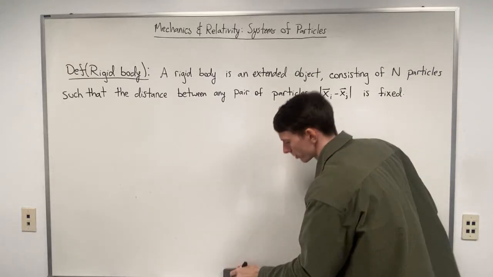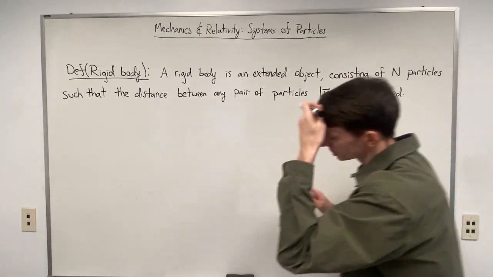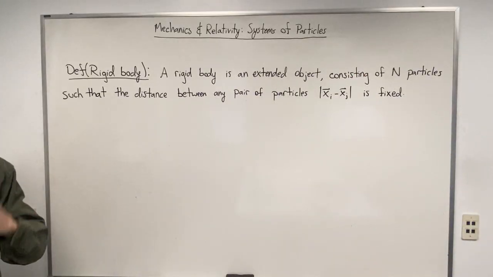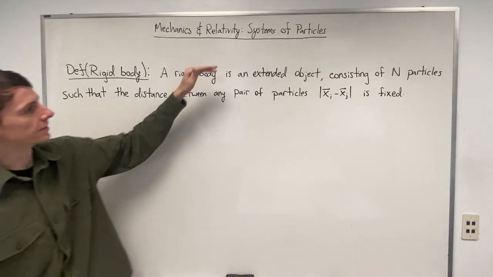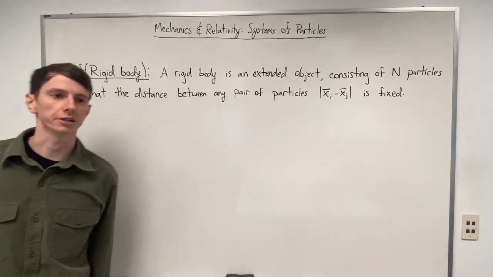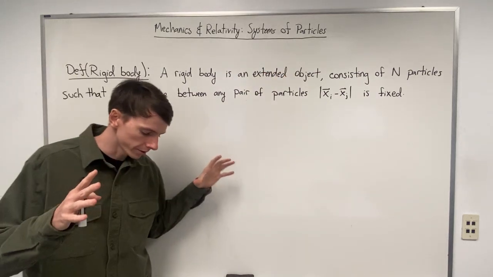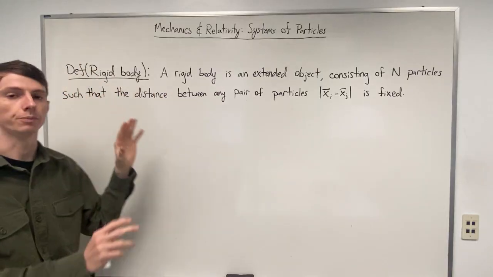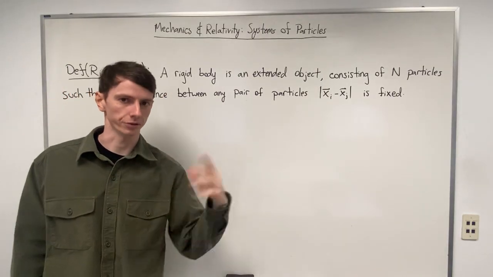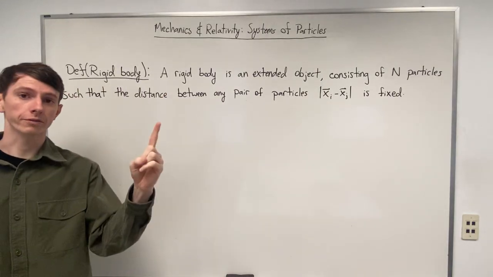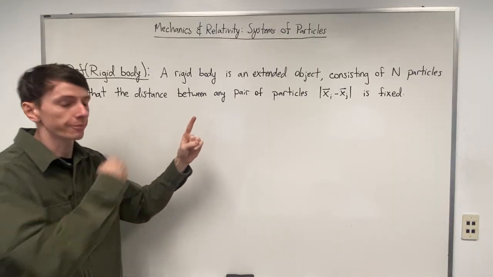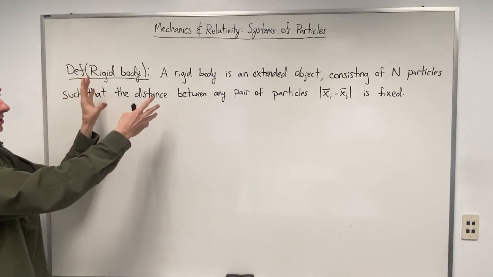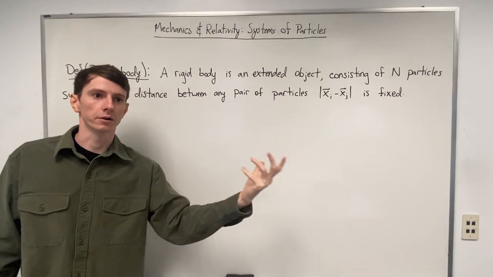But what they're saying in this definition here is that a rigid body is not a point particle, but rather it is an extended object. So there are a couple key features that are going to distinguish a rigid body from just any object that we can think of as a point particle. One of them is that mathematically rigid bodies have more than just one.